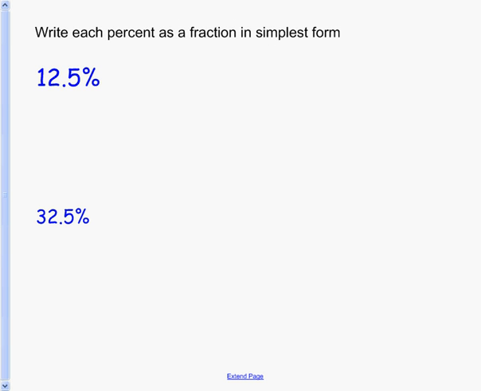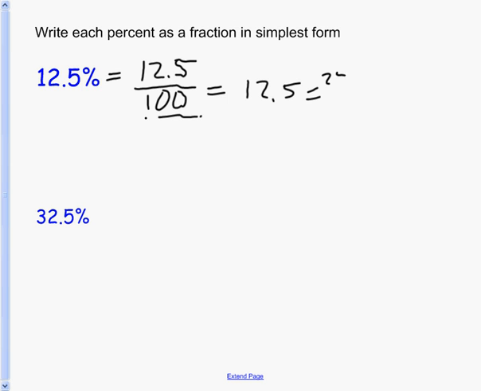Now we're writing each percent as a fraction in simplest form. Right away when we see percent, we should know that this is over 100. And so we're going to switch this into a fraction form. So it already looks like a fraction, but since we have a decimal, we're going to switch 12.5 equals 25 halves.